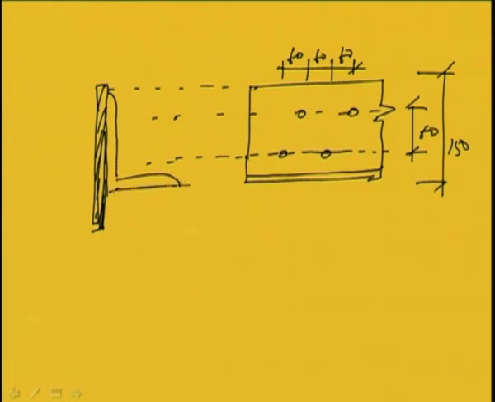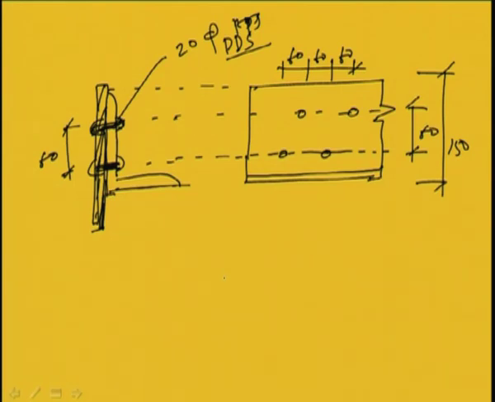This is the angle, and the angle is connected through two rivets like this, and these rivets are 20 mm diameter power driven, so PDS, power driven shop rivets, and this distance is 60, right. Now we have to find out the thickness.